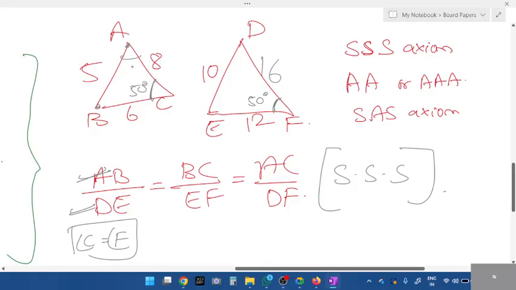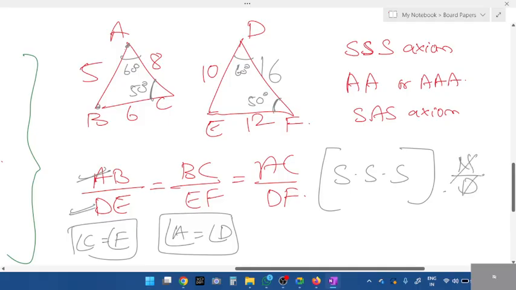What's the next pair? If I take this as 60-degree, angle A, BC, opposite to which one I have to take? EF, right? Angle D. Angle D also will be 60. Angle A is equal to angle D. This is one pair. Remember, sides will not be equal, students. Proportion. Proportion meaning numerator by denominator value will be same.